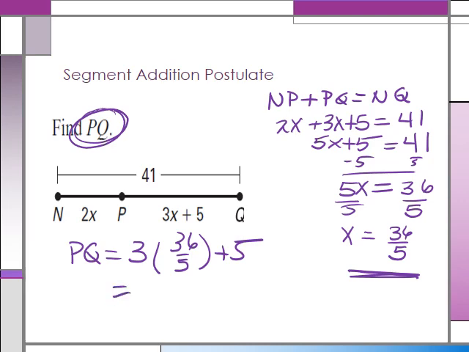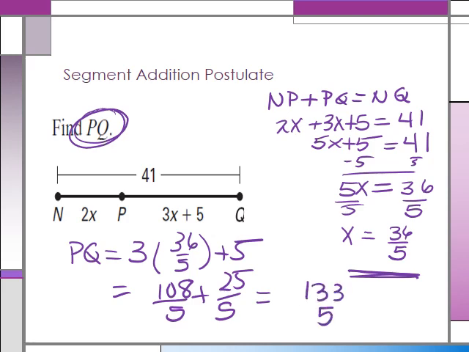If I multiply that out, I get 108 fifths plus 25 fifths, which is equal to 133 fifths. So PQ is equal to 133 fifths.